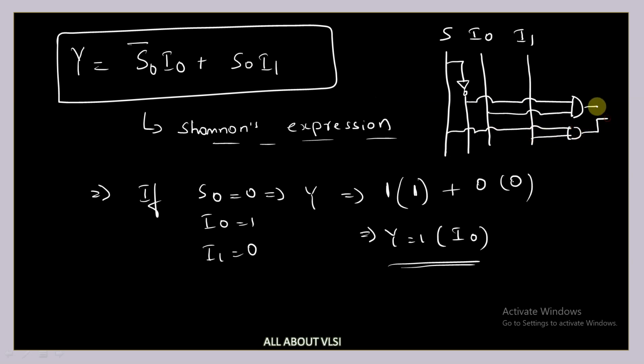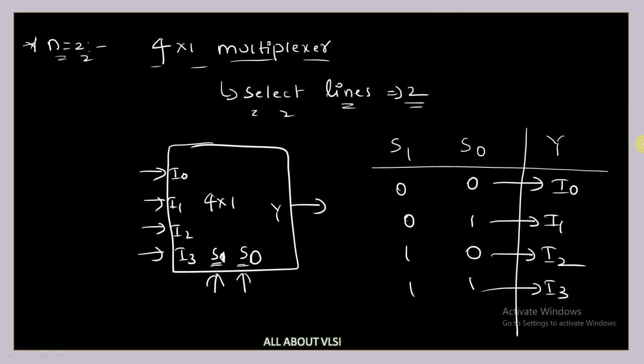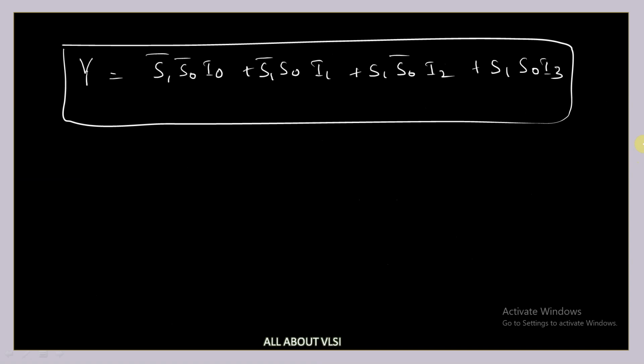So this is your output y. Okay, so this is the logic diagram of your 2 cross 1 multiplexer. Same, by using the Shannon's expression you can draw the logic diagram of your 4 cross 1 multiplexer.